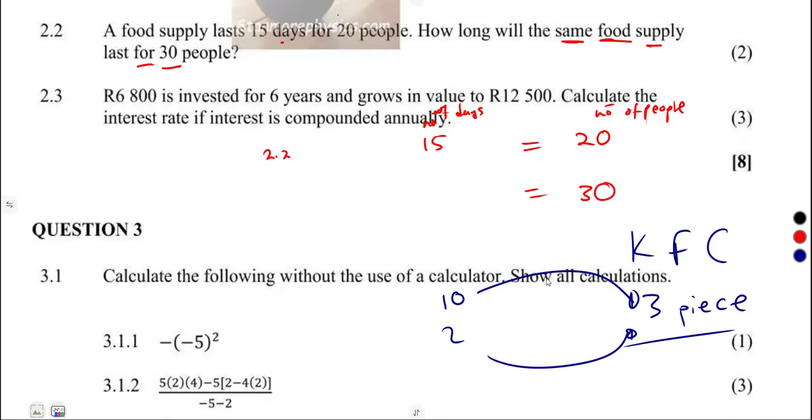You're going to take less time to finish. If you are two, you're going to take more.